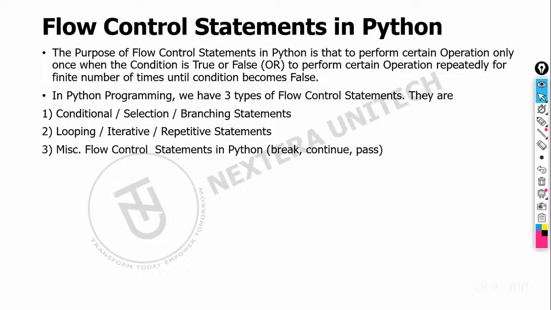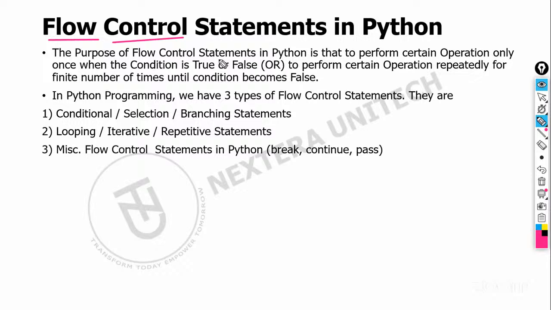right? So we started with understanding flow control statements. It's been 2 days. In the past two sessions, we have understood what exactly flow control statements are, and the purpose of using flow control statements in Python, right?